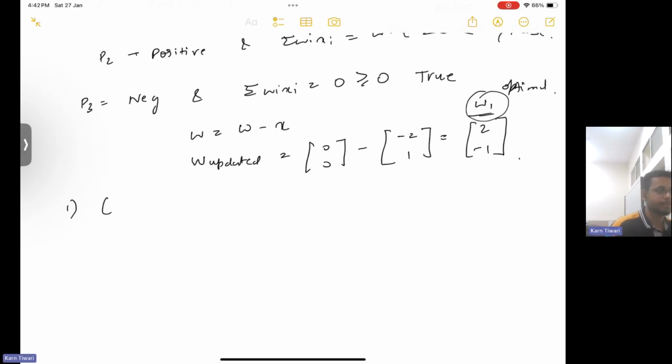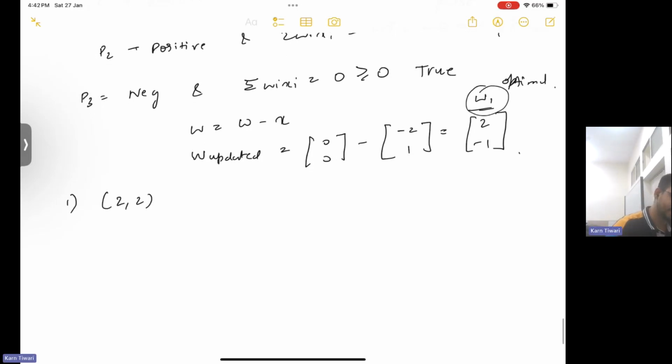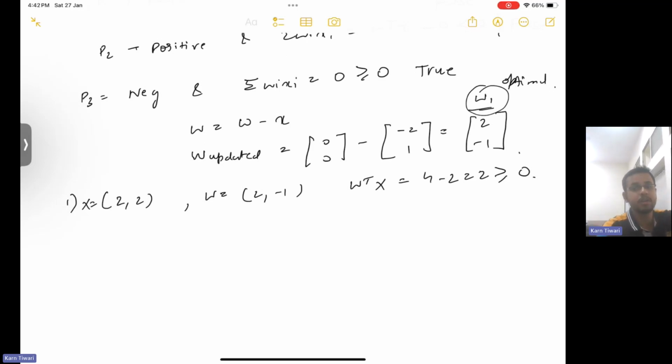It was 2 comma 2 as our X, and our weight is 2 comma minus 1. W transpose X is just 4 minus 2, which is 2, which is greater than or equal to 0. That's what we wanted. For the positive point, it should be greater than 0.